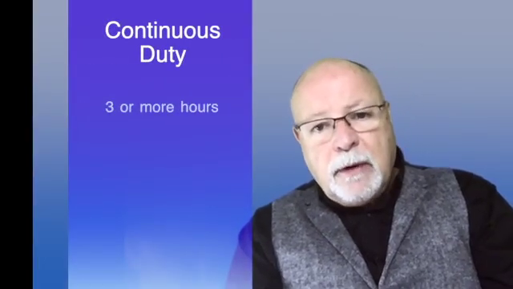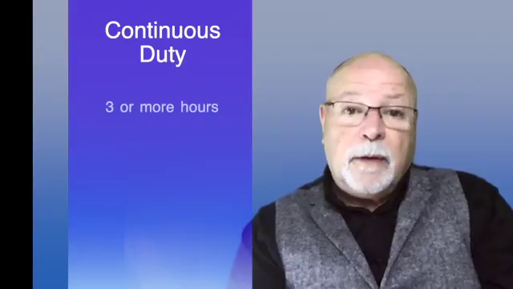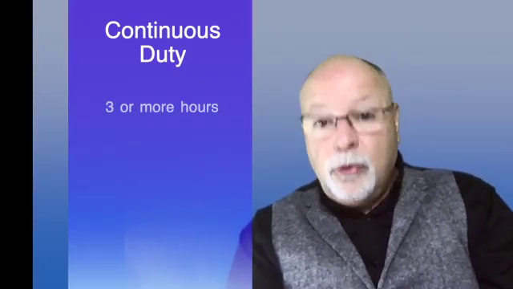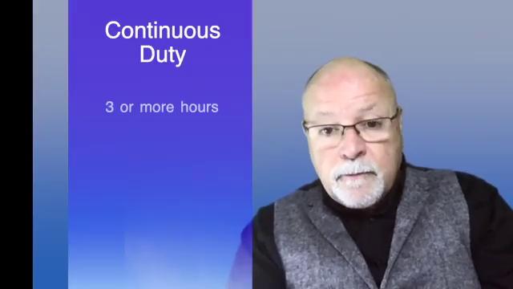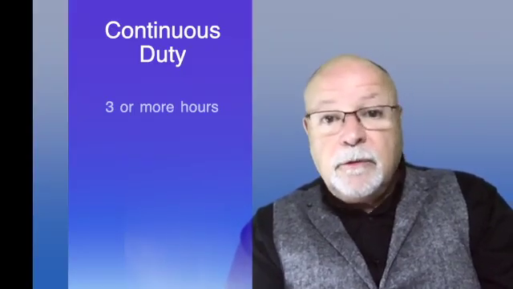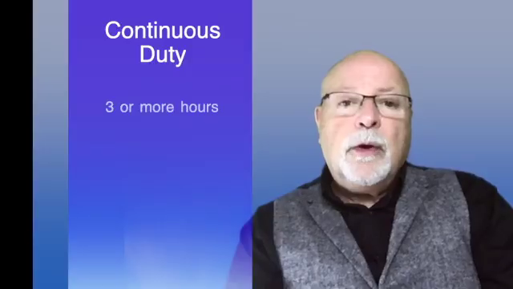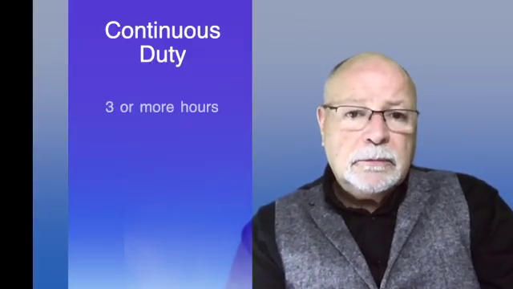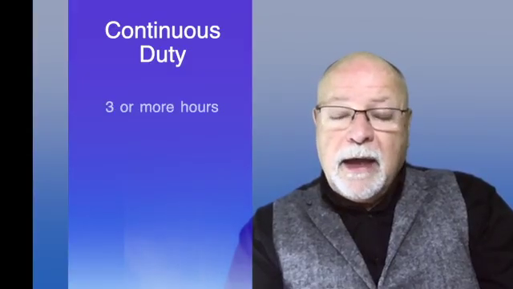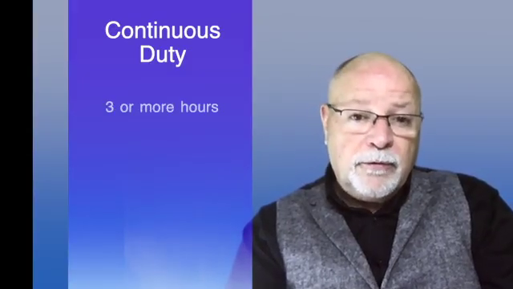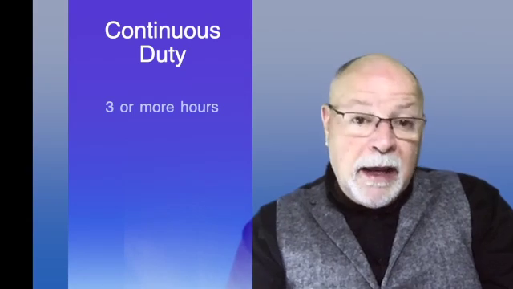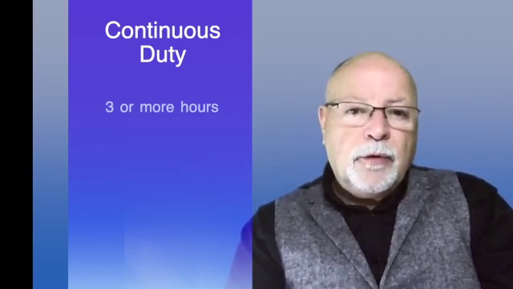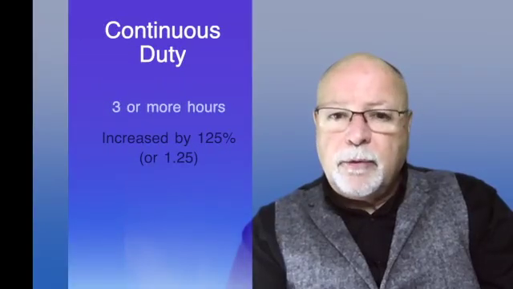Now, what we describe as continuous duty is when we're going to run something more than 3 hours. Is your refrigerator on 24 hours a day? You betcha. And you want it to be that way. So therefore, it's a continuous duty device. So when we would size that branch circuit for that refrigerator, we would make sure that the working requirement of the refrigerator was then enhanced by a number or increased, and that number is 1.25 or 125%.